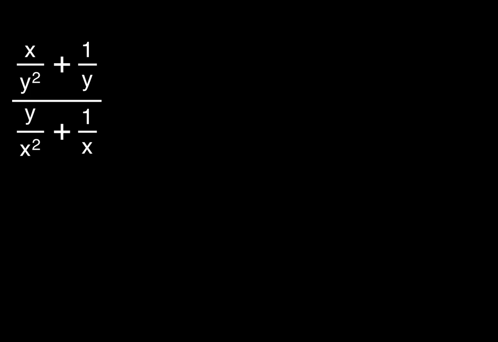Because, of course, we don't end there. So we're going to start by saying x over y squared plus 1 over y. Before I do the multiplying and the fractions, I'm going to simplify this. I need them to have the same denominator in order to add them.